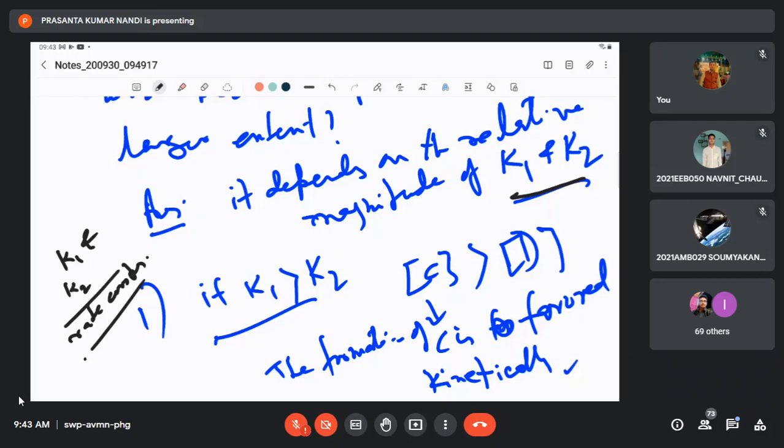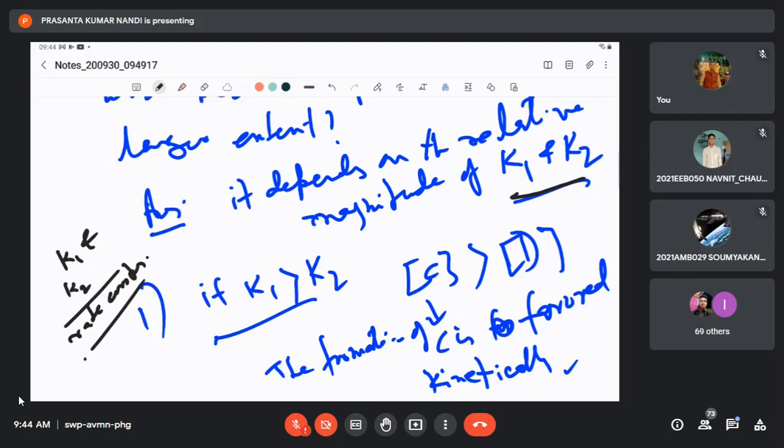So by some means, if we regulate the magnitudes of K1 and K2, if we want to make one higher compared to the other, naturally we can control which should be the kinetically controlled product, right? Now, at this stage, do you have any confusion? It is very simple.